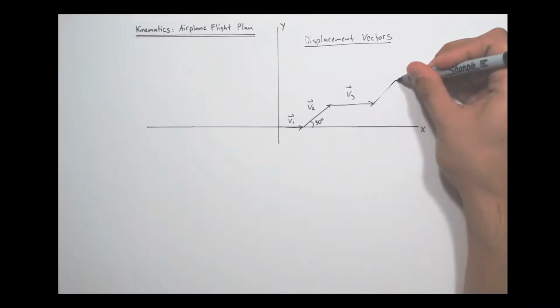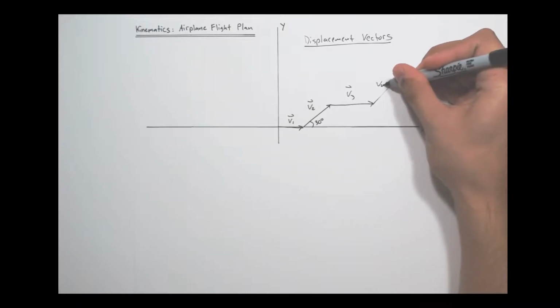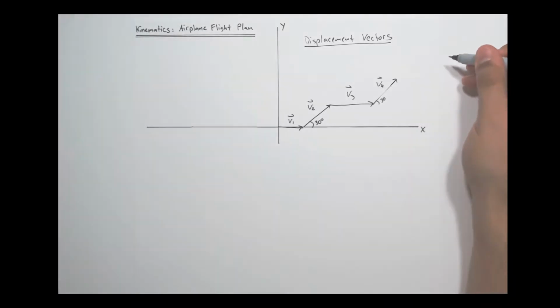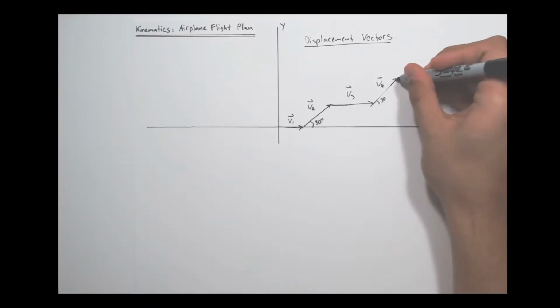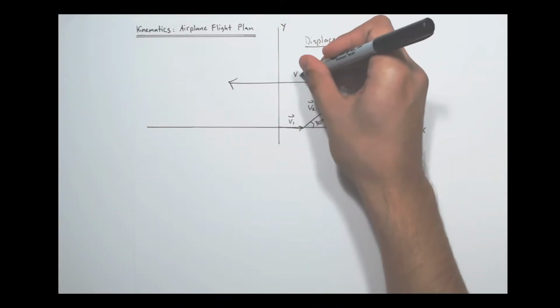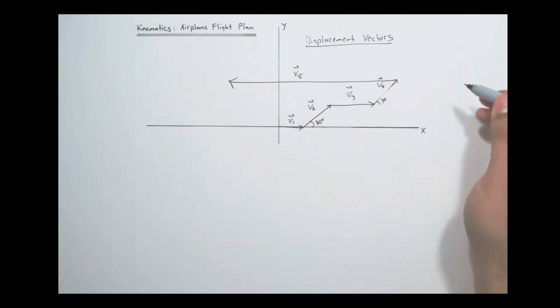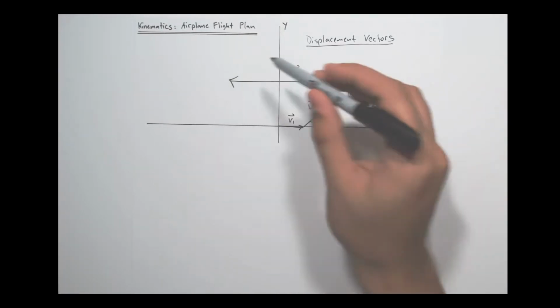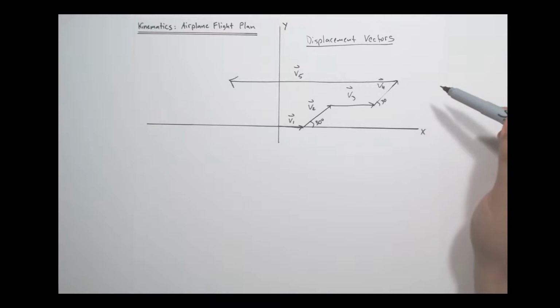Next, we'll have a fourth displacement vector, v4, that will again be at a 30-degree angle to the original path. And then finally, we're going to have a displacement vector, v5, that's going to go all the way across here to the second quadrant. So our plane is making this zigzag path and then returning back west.